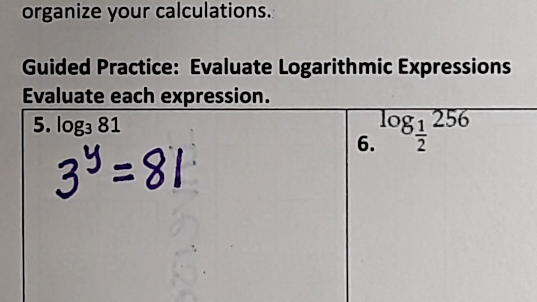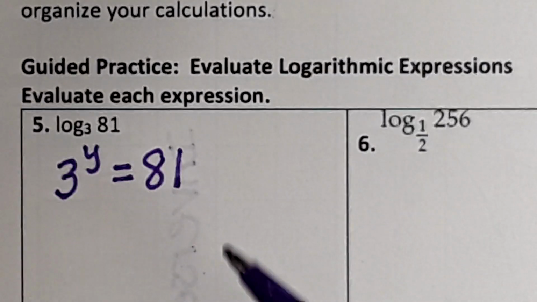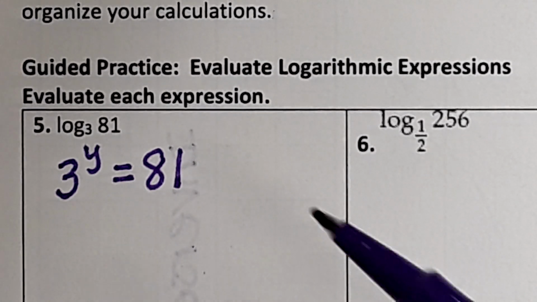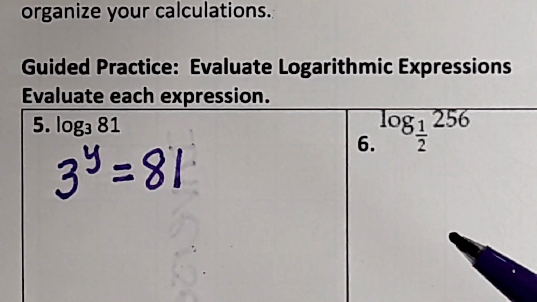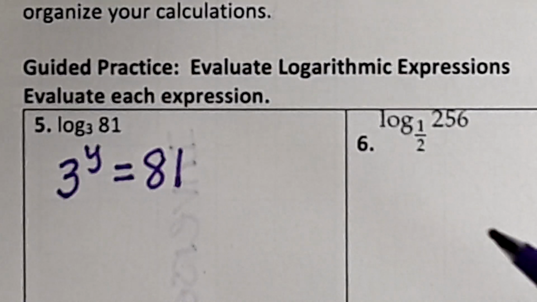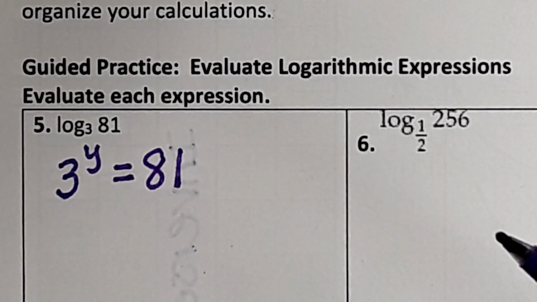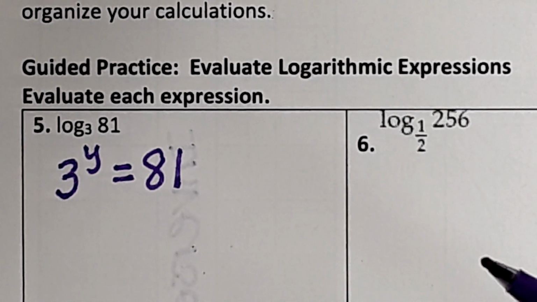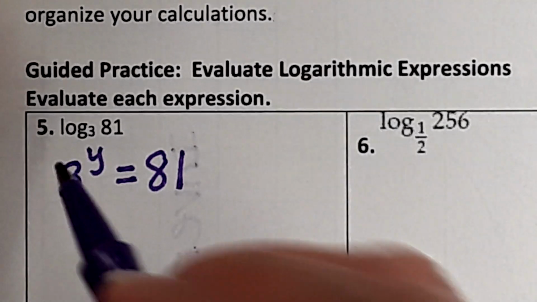So now what you want to do is think about it. This is just what we did on Friday. Is there a way we can rewrite 81 so it has a base of 3? Can we change 81 to a 3 and raise it to a power? Can you write 81 so it has a base of 3?